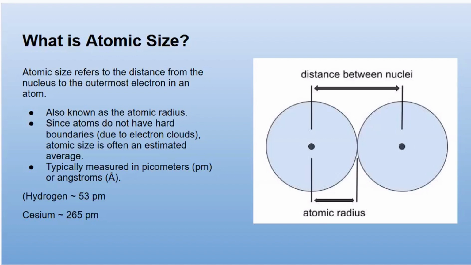We measure it in units like picometer or angstrom. Just to give you a comparison, a hydrogen atom is about 53 picometer wide, but a cesium atom is around 265 picometer. That's 5 times bigger. Pretty crazy how much atoms can vary in size, right?